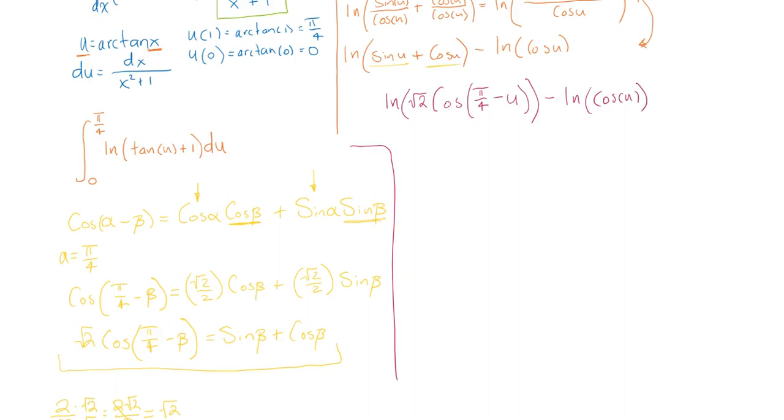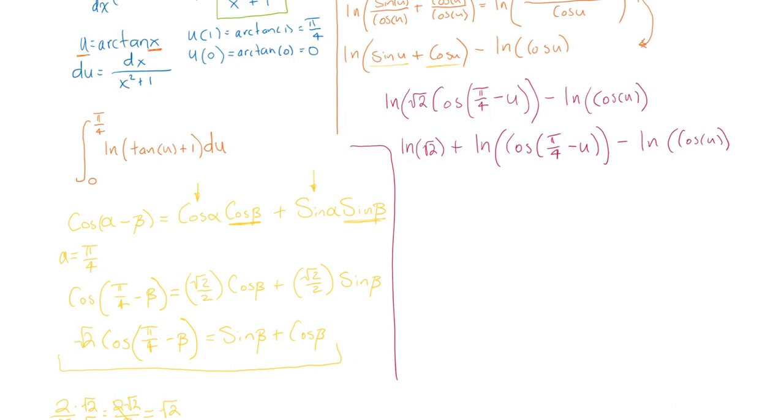So we have this root 2 being multiplied by the cosine of pi over 4 minus u, which means we can once again use a property of logarithms, and we can take that out and we can add it. So we can say this is ln of root 2 plus ln of cosine of pi over 4 minus u, and then minus ln of cosine of u.